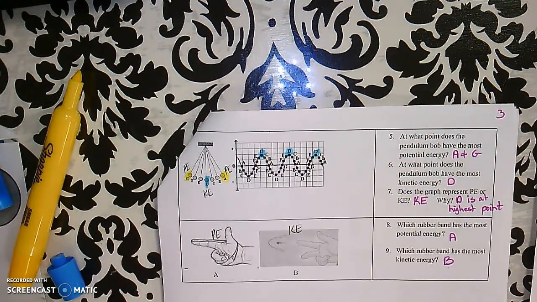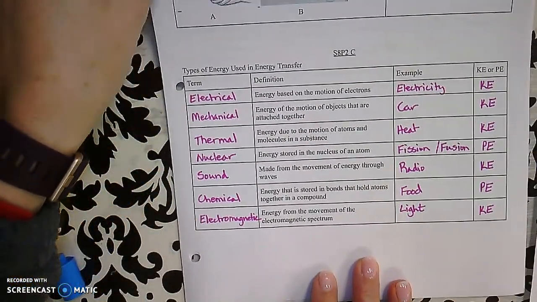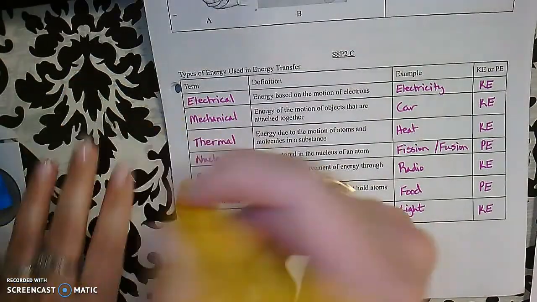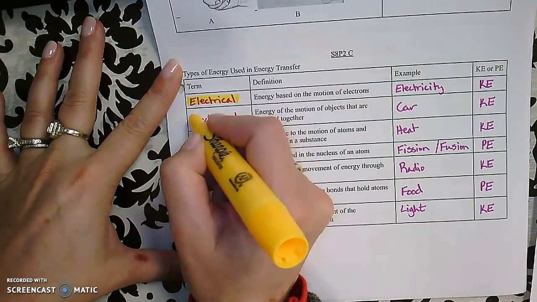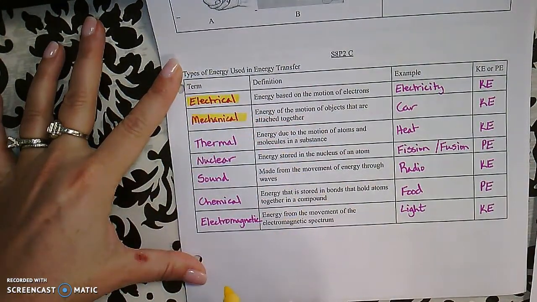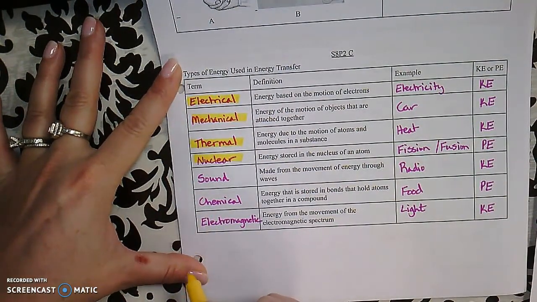Now for this next section, you have a chart that we're going to use for energy transformations. Take a moment and complete that. We're going to highlight it. We have electrical energy, electrons. We have mechanical energy, motion. We have thermal energy, heat. We have nuclear energy stored in the nucleus of an atom.